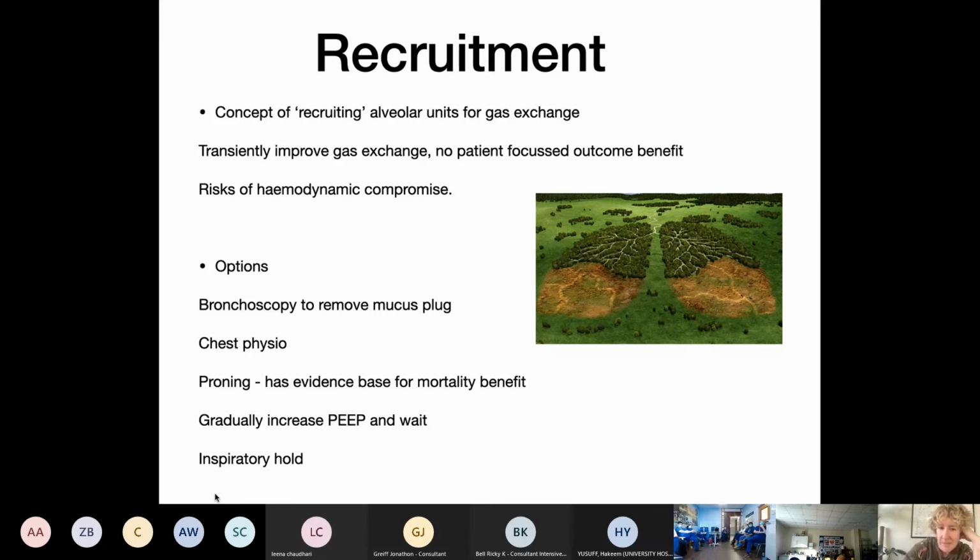Or you can do something like an inspiratory hold where you increase the P high or the top pressure, and you just hold at that and try to reinflate the lung that way. But after any kind of recruitment maneuver, you probably need to increase the PEEP, because otherwise the lung will just return to its previous state.